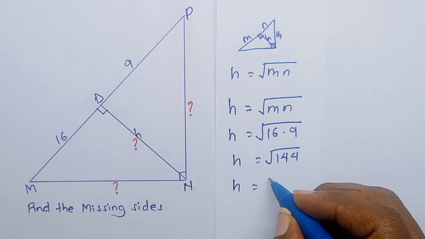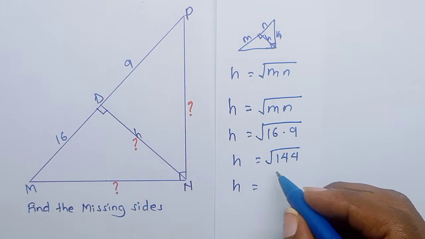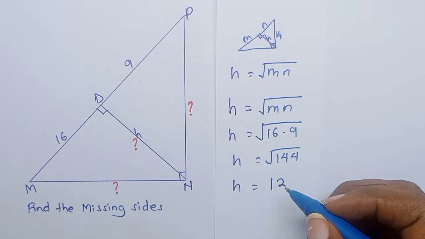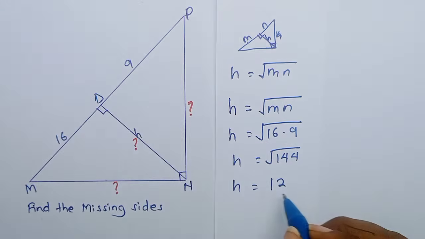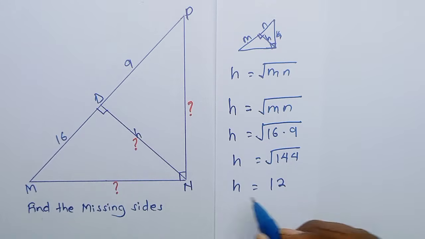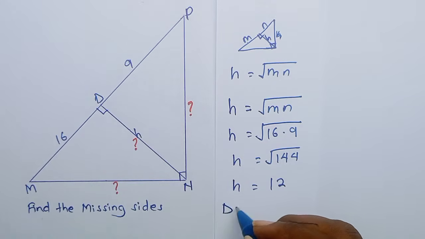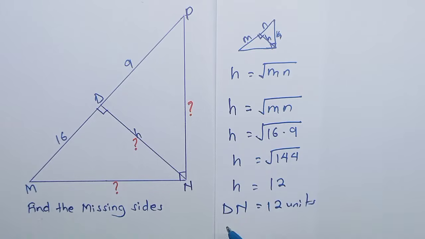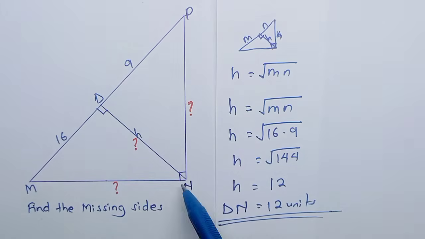So H is positive or negative 12. But since H represents length, it cannot be negative. So we consider only the positive. So H, which is DN, is equal to 12 units. Okay, so we've been able to find DN so far.